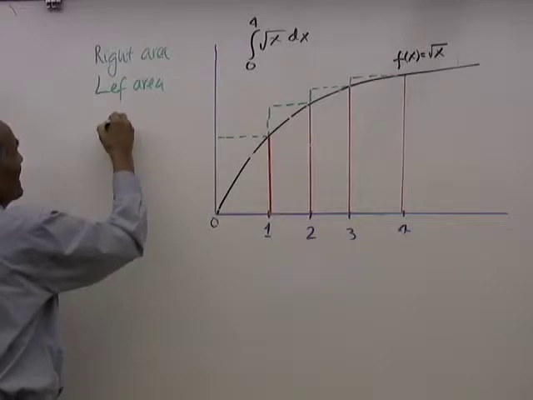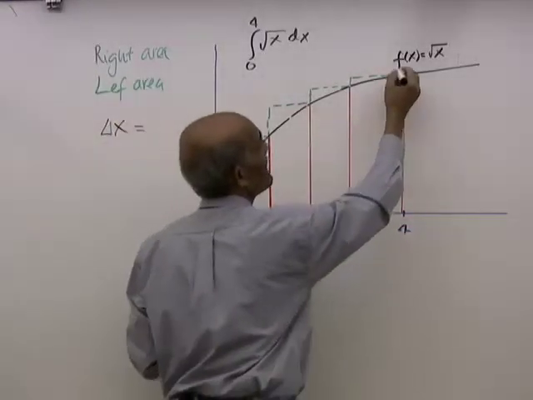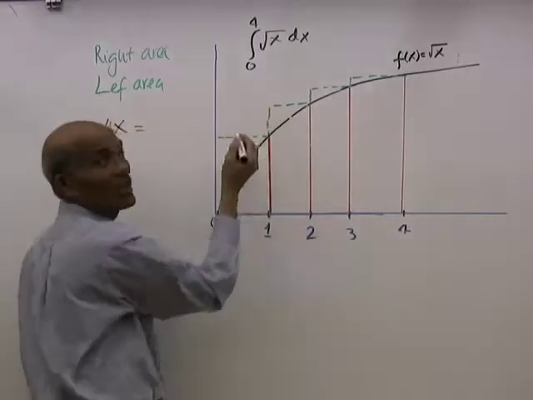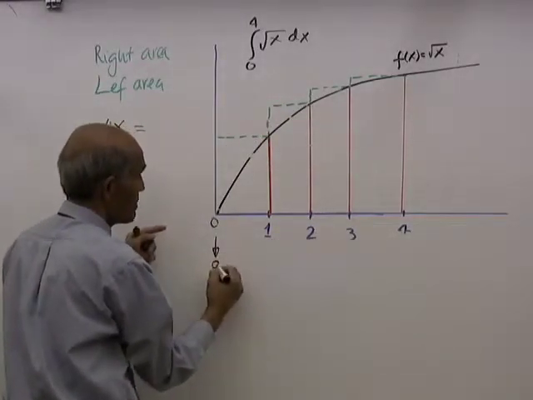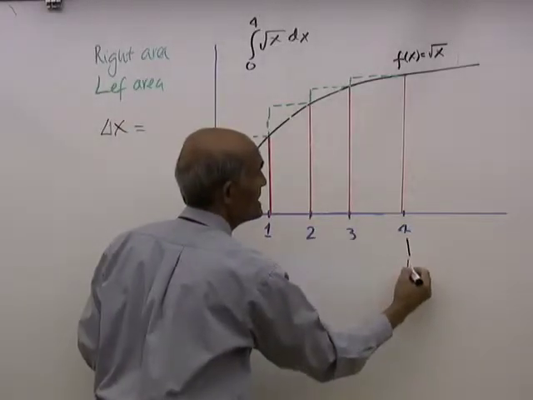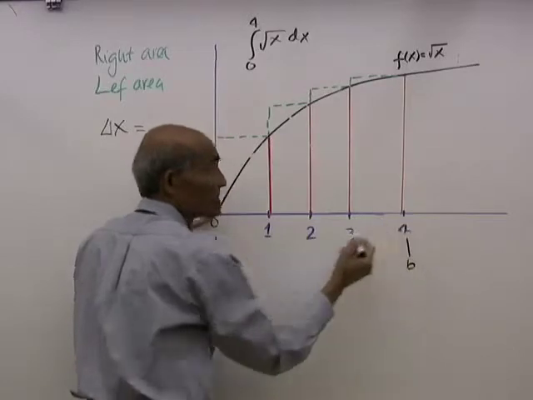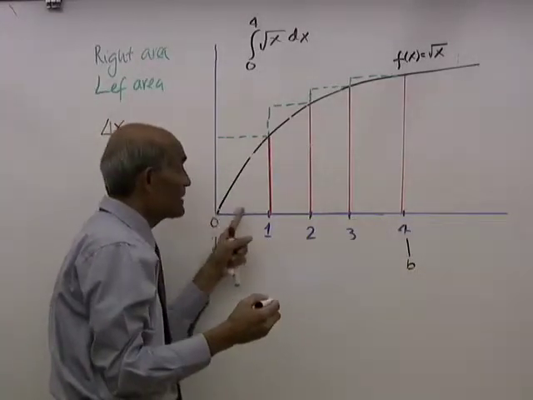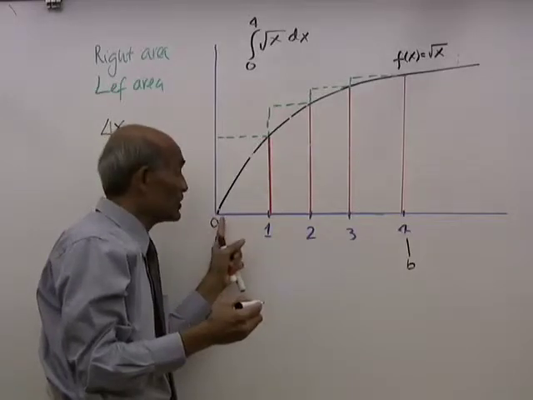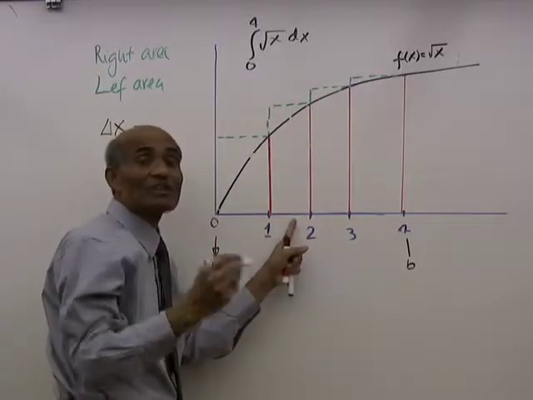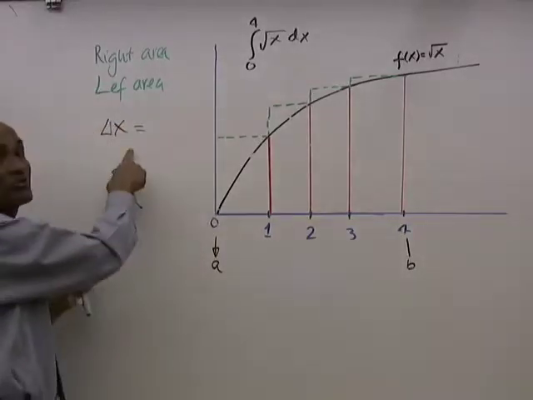Now, delta x is, what is our a? If I write integral a to b, our a is 0 and our b is 4. And this interval 0 to 4 is divided into 4 rectangles. That means the width of each rectangle is now 1 unit. Now, in general, I want you to watch this.